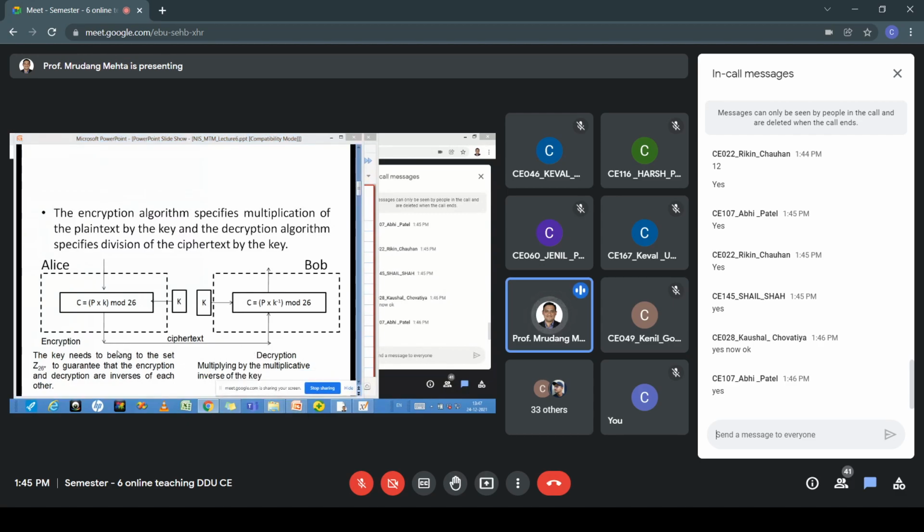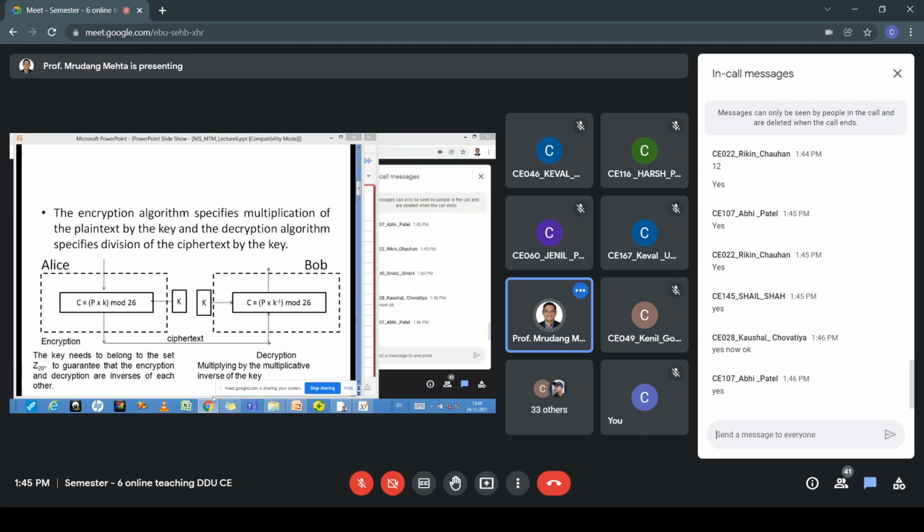Here we perform encryption, and at Bob's end we perform decryption with K inverse. So division is multiplying by the multiplicative inverse of the key.